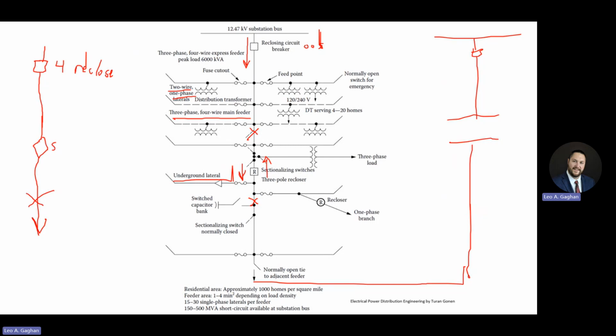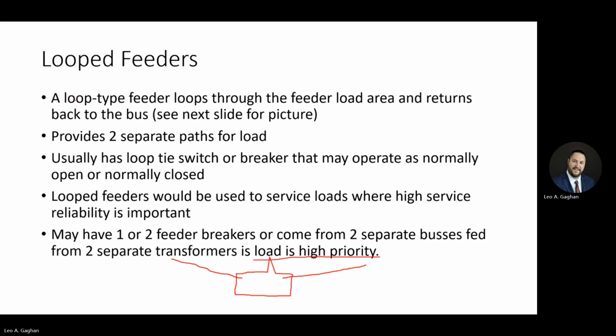In those 10 seconds, this guy is going to know, okay, I don't have any voltage here. I was able to sense a loss of voltage 3 times, 1 less than the recloser. I'm going to open. And then when this guy opens, it isolates that fault. On the very last reclose attempt, this breaker up here is able to successfully reclose and, let's say, prevent all of these tapped loads from losing power. So that's kind of the idea of the sectionalizer there.